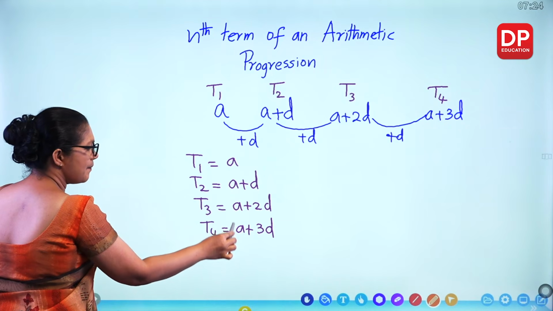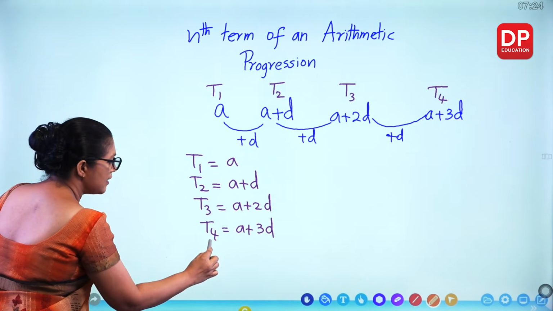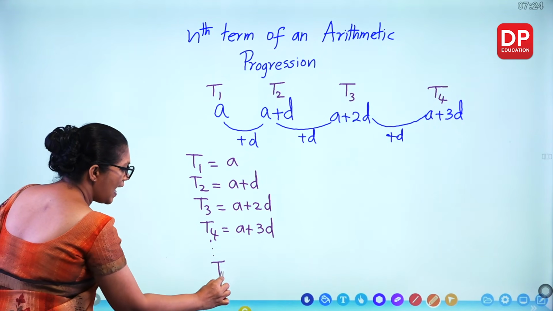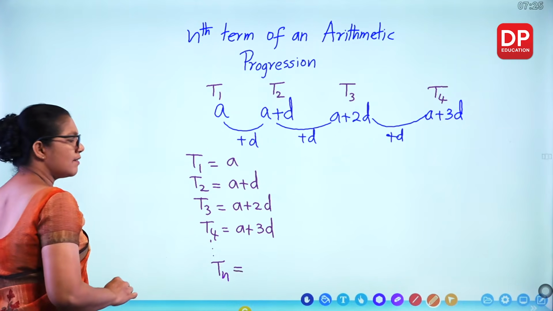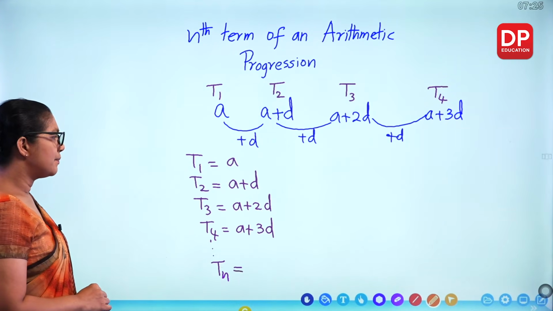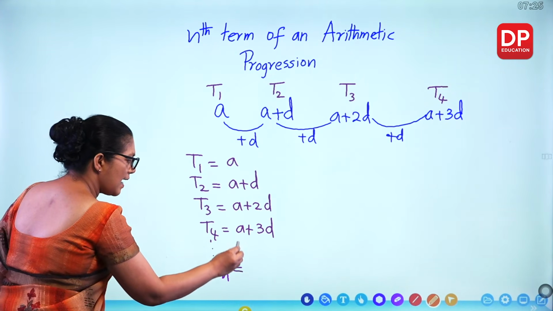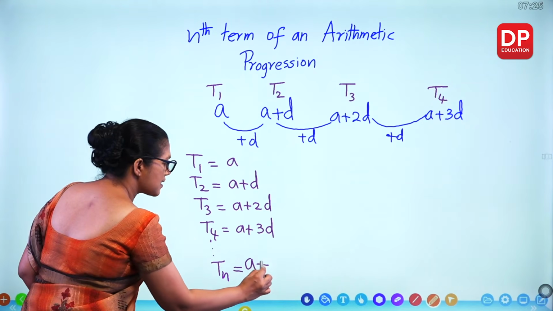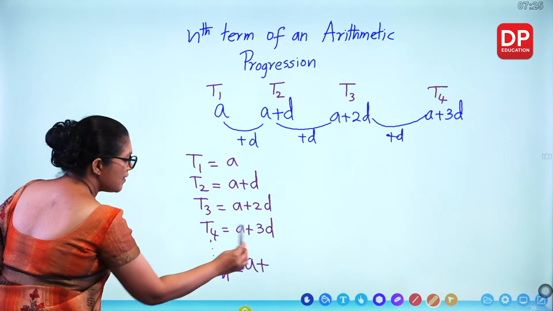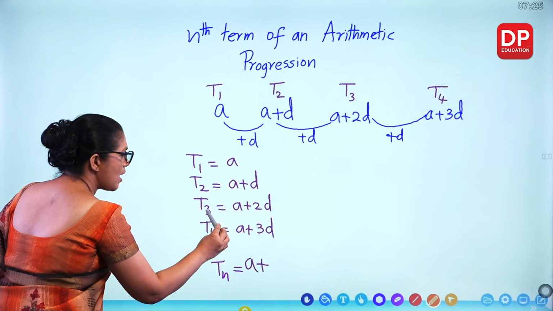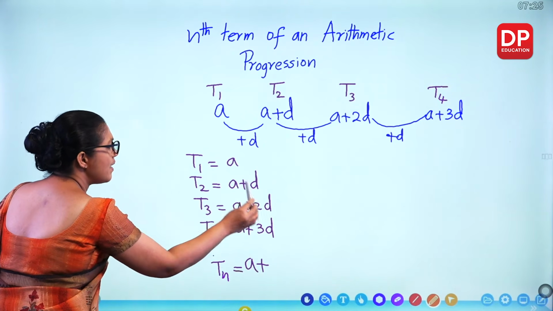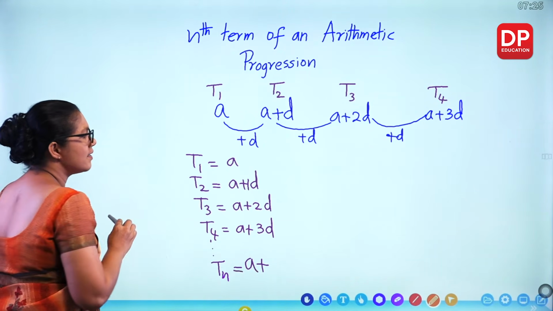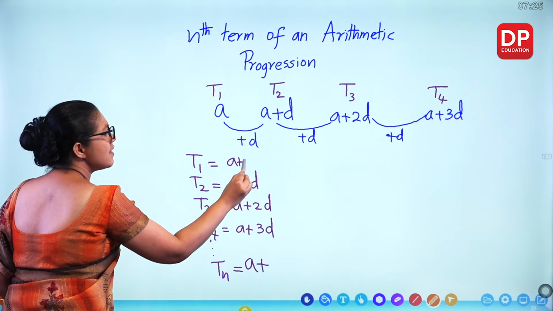Look carefully, A is already there. So, if this is Tn, what's the pattern you see? A is there, so you get A. Plus, can you see the relationship between these two numbers, 3 and 2? 2 and here nothing means 1. This is 0.